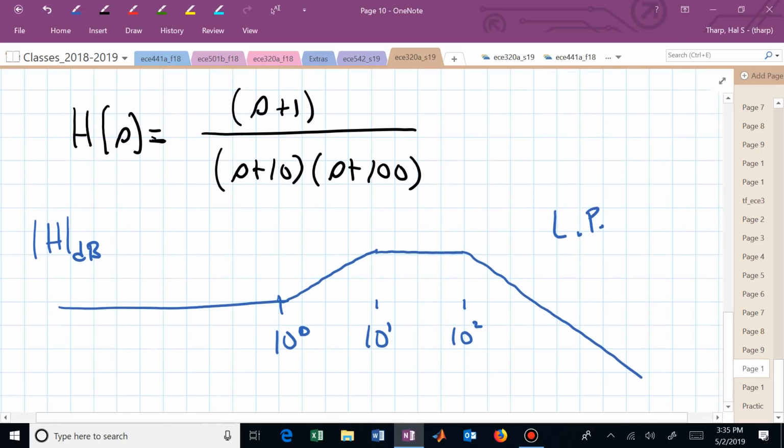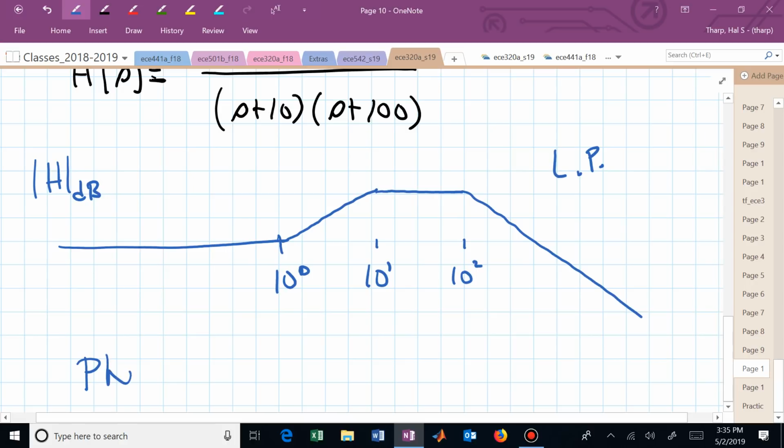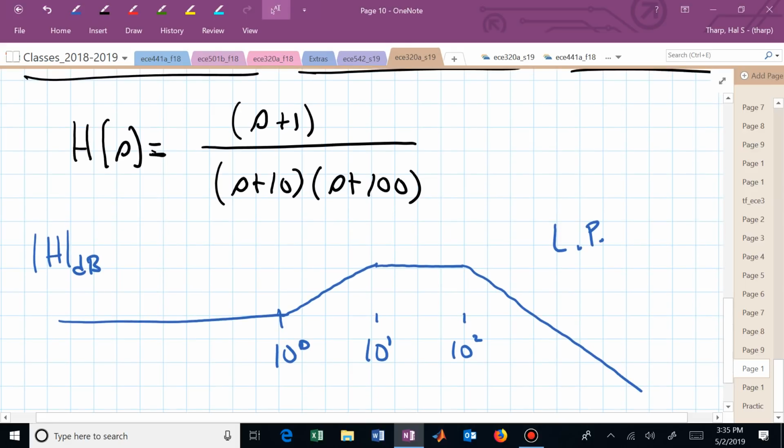If I now ask you, in this particular case, what's the phase at high frequencies, what would you say? You could say, well, after everything kicks in, how many net poles or zeros do I have?